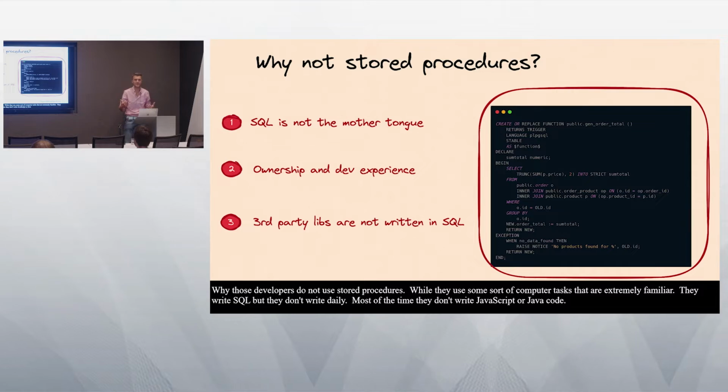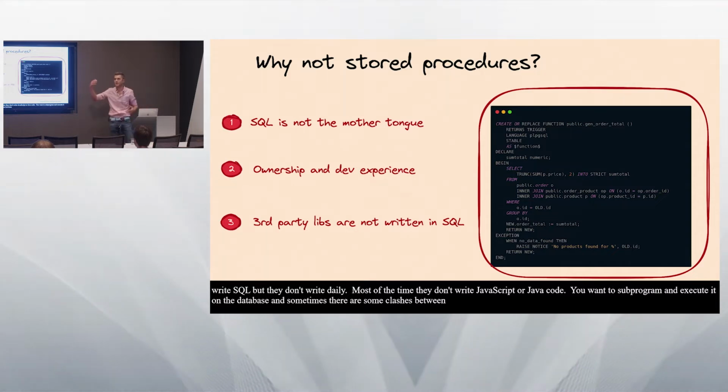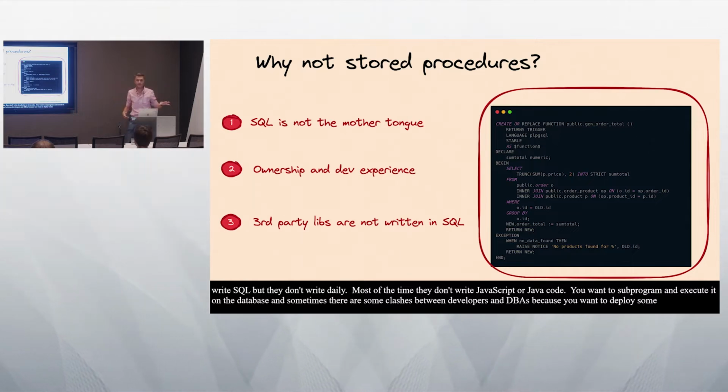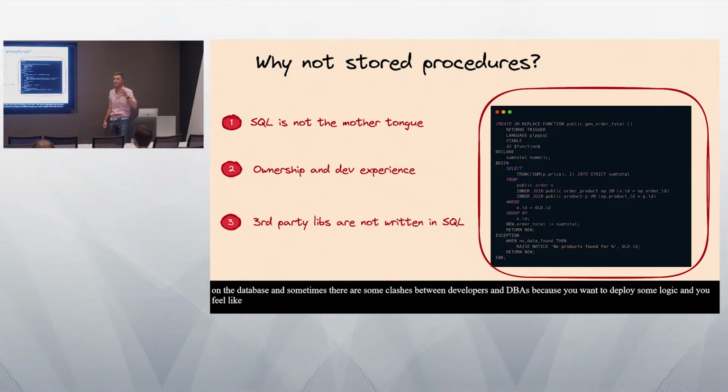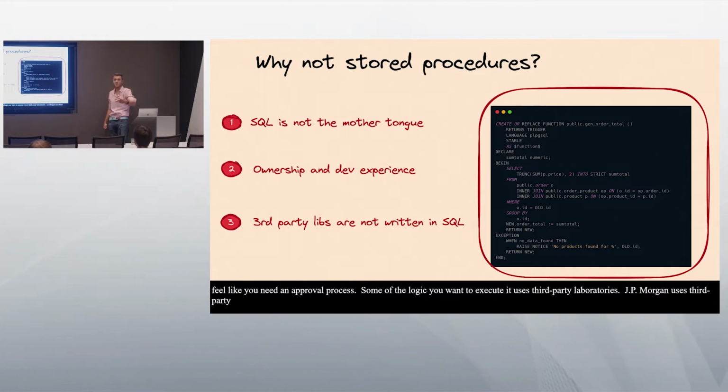And sometimes there are clashes and conflicts between developers and DBAs, because when you want to deploy some logic, it will take time, I need to have an approval process, blah, blah, blah. And the third one is that some of the logic that you created uses third-party libraries. For instance, JP Morgan uses third-party libraries created for risk analysis by other vendors. And those libraries are written, let's say, in Java, and they need to use Java.